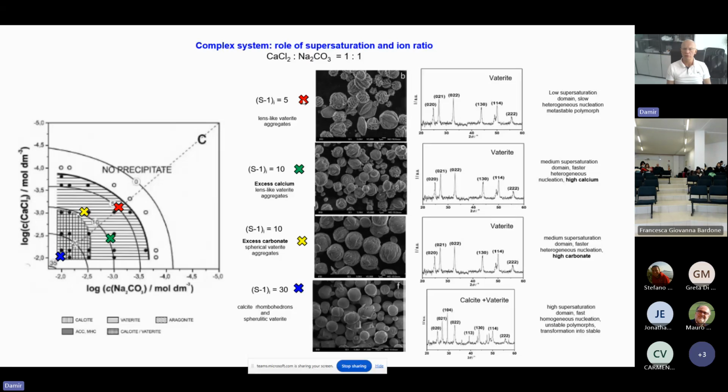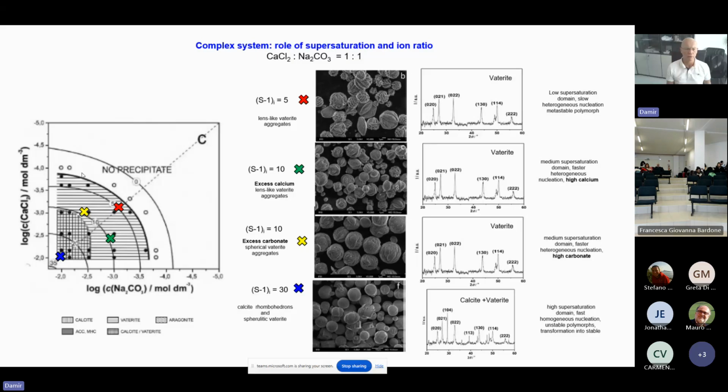It means that heterogeneous nucleation started, and we obtain formation of a metastable polymorph. So we obtain lens-like vaterite aggregates in this region. In the region of higher supersaturation, we have medium supersaturation and heterogeneous nucleation as well.